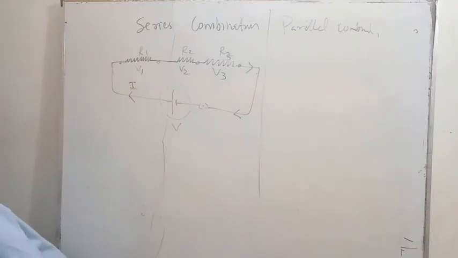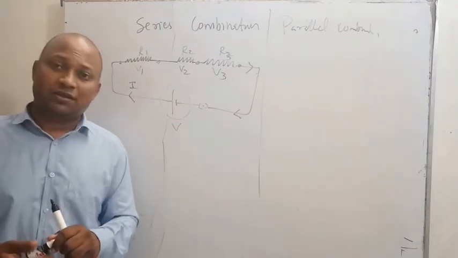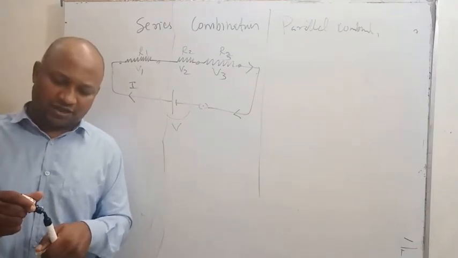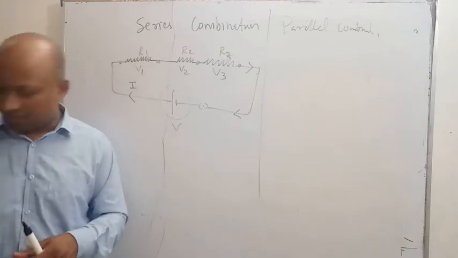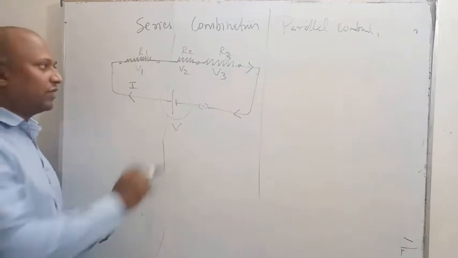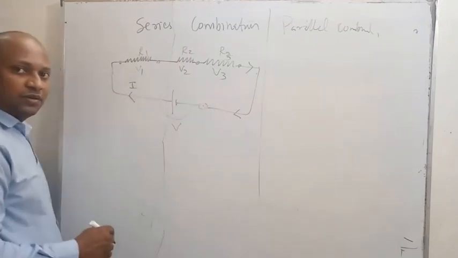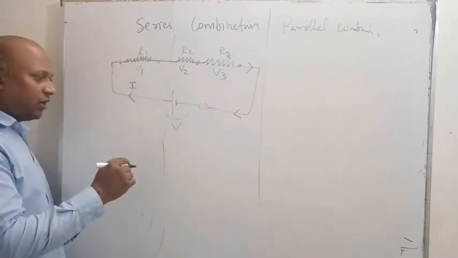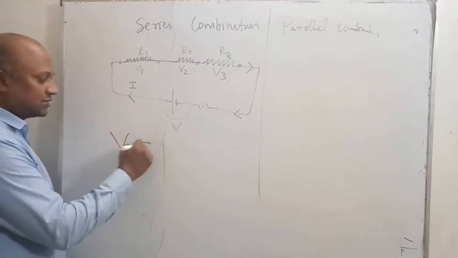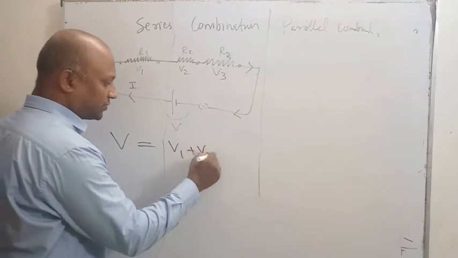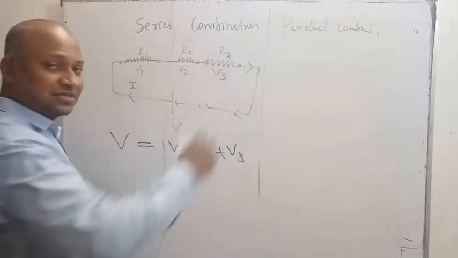So we are going to derive a relation for the equivalent value of the resistance here. For a series combination, we already know the current is the same, but the potential difference drops across the three different resistors.